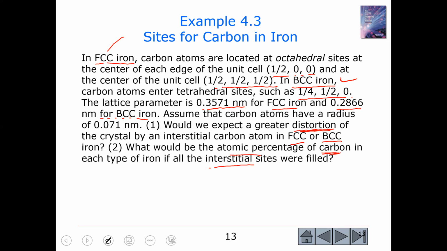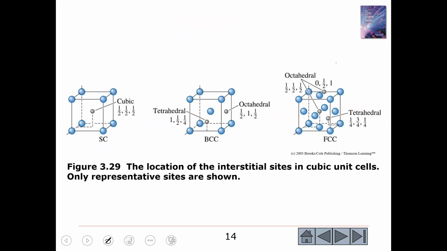So if you look at these sites, these spaces, they have been given names like tetrahedral site, octahedral site. If you look at this slide, we give names to these empty spaces on the basis of the surrounding atoms that this atom is going to touch, right?